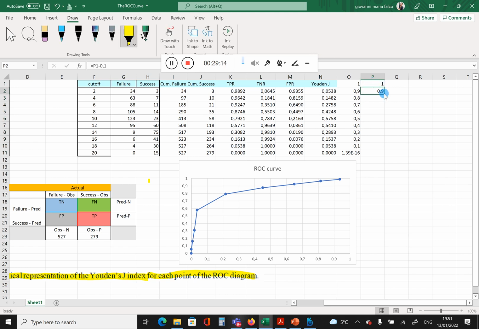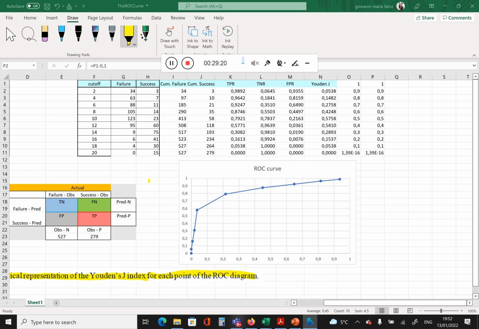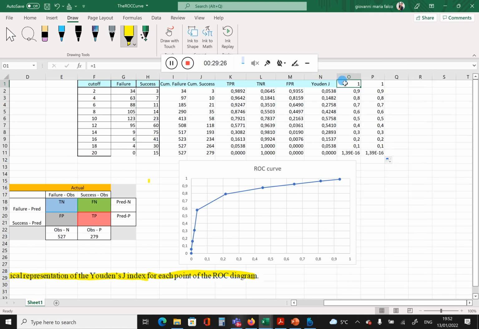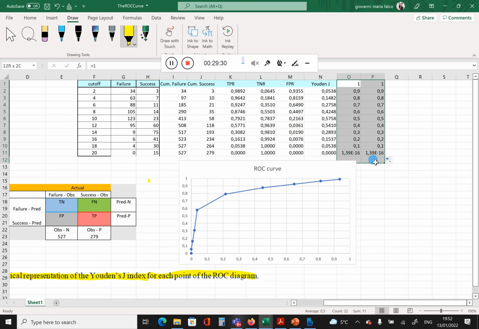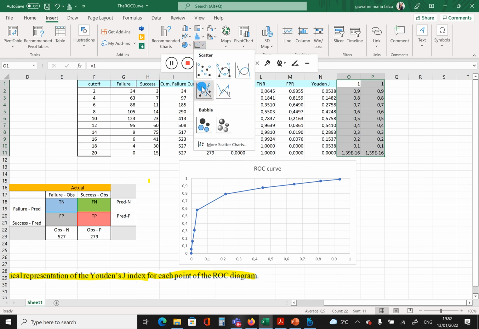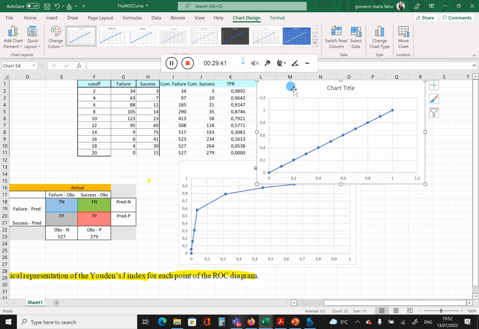And then if I take a plot of these two lines here, I select here and then insert, then I make again a scatter plot, and then I merge these two diagrams.